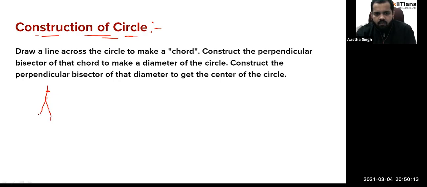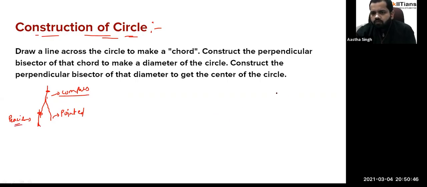Compass is basically a pointed one, a steel pointed one, and a pencil, right? This is how your compass looks like.